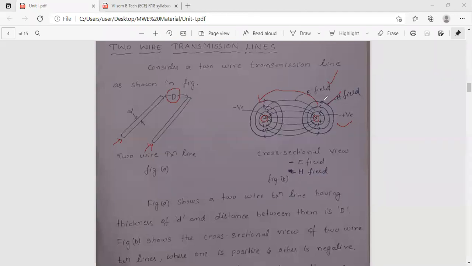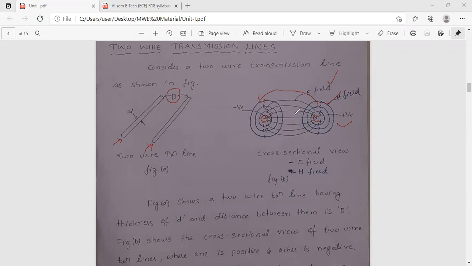So the magnetic field will be in the anti-clockwise direction, as the direction of fingers is represented when the thumb is pointing towards you. In front of the screen, as you are sitting over there, the thumb is pointing towards you, then the fingers are in this particular direction, and accordingly the magnetic field will be produced in this direction.